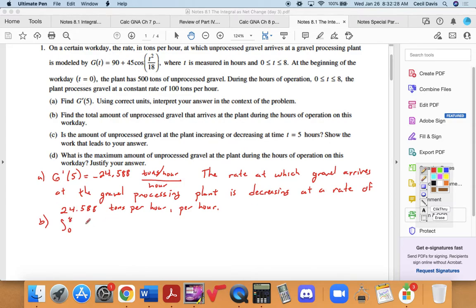No. Not plus 500? No. Did it ask how much is there? No. It asks the total amount of unprocessed gravel that arrives. So g of t dt. Correct. And again, you don't have to write out what g of t is.